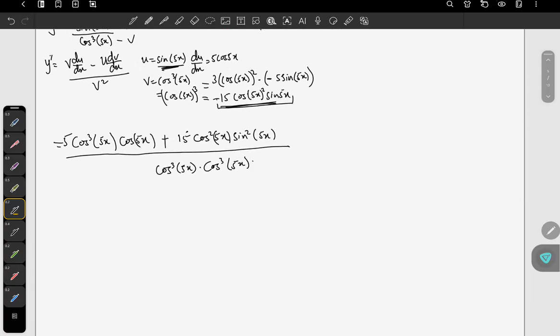And so cos squared 5x is common in the numerator, so if I bring it out, we have cos squared 5x. Then this should be left with 5 cos squared 5x plus 3 sine squared 5x.